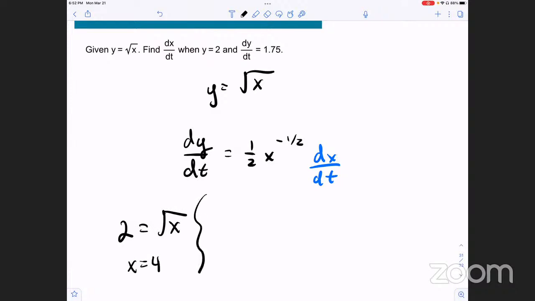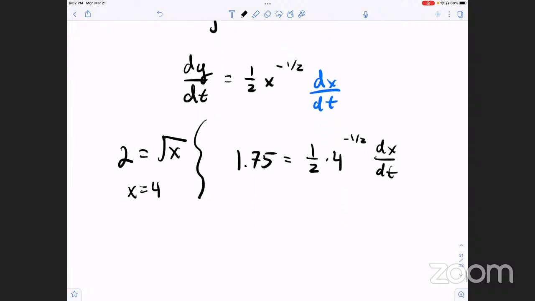So now if we plug these pieces in, dy/dt is 1.75, equals 1/2 times 4 to the power of negative 1/2, and then we still have dx/dt. The negative exponent moves that to the bottom, and the square root of 4 is 2.